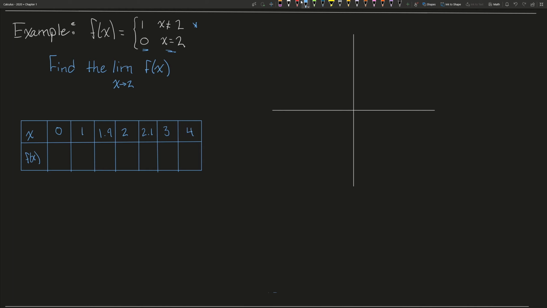So our graph will look like a straight horizontal line for every x value that's not equal to 2. And when we get to 2, y will equal 0. And then it'll just continue on from there.